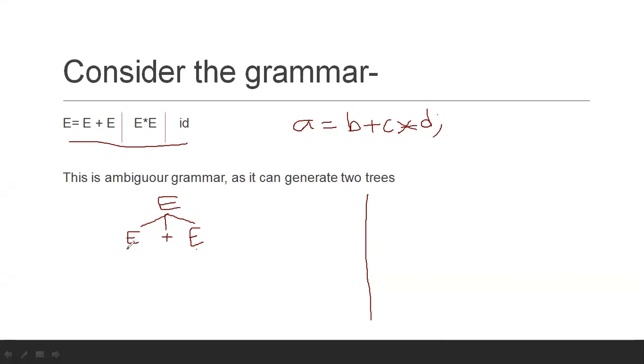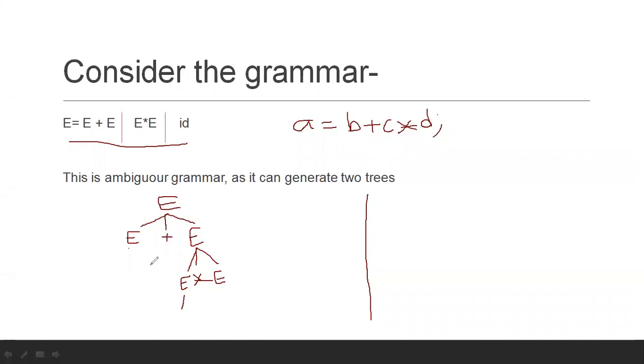We can write E into E. But as far as our string is concerned, first of all plus is there. That's why this particular derivation is not possible. So we will use here E into E. Got it?